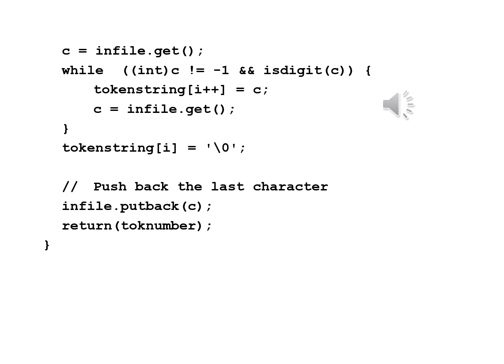If so, we place it at the end of the number that we're building, and we get the next character. When we get to that end, we place a null byte at the end again to end the string properly. That last character is pushed back on the stream, and we return the token number.